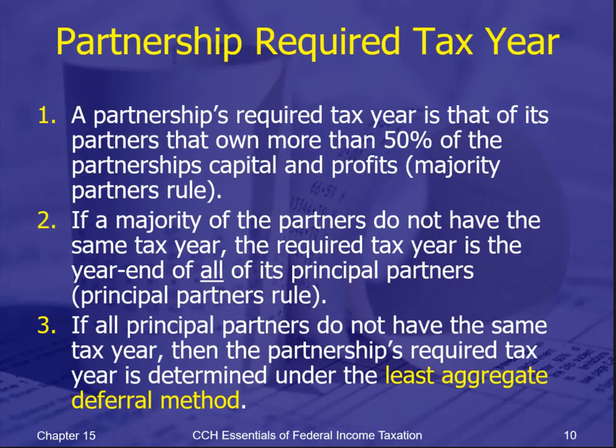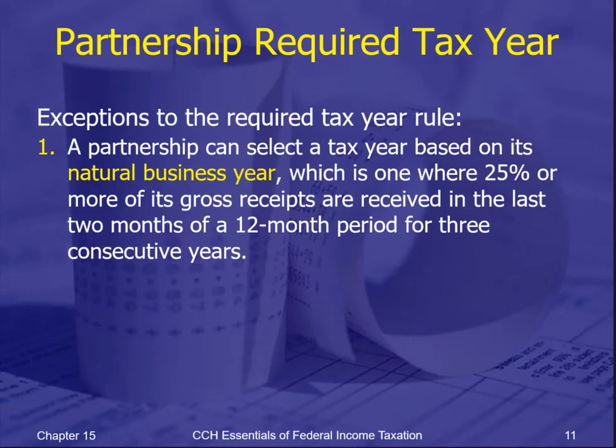The last one is the least aggregate deferral, meaning you're not going to postpone taxes by choosing a tax year. You can use a natural business year if 25% or more of your gross receipts are received in the last 2 months for 3 consecutive years.